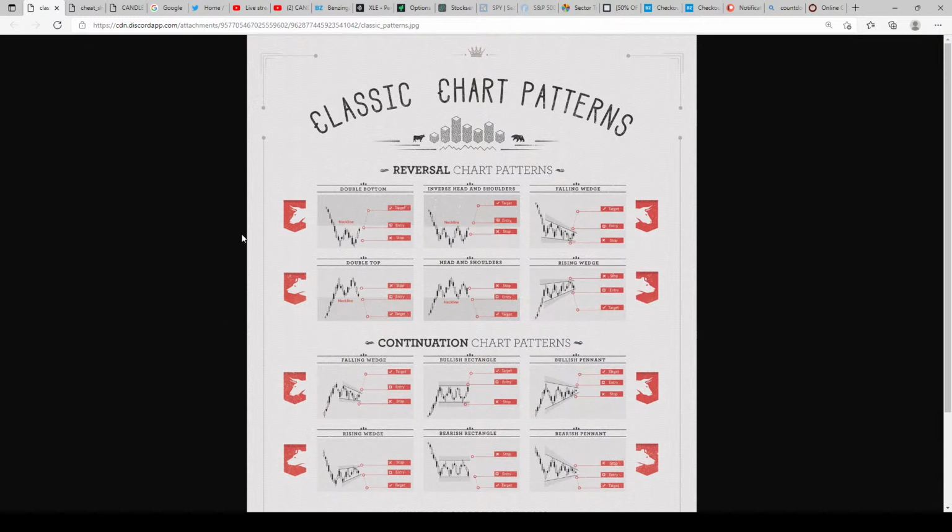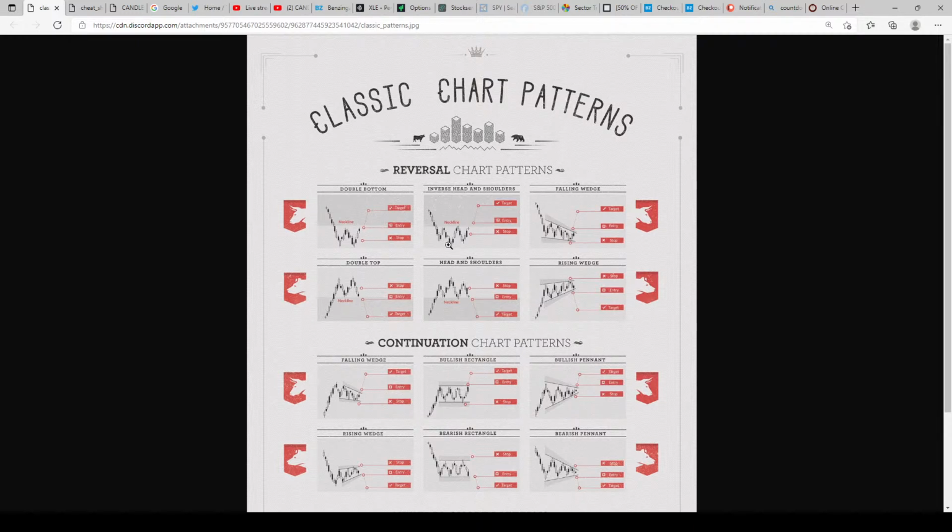And if you look at these first ones right here, you're going to see what we just talked about: double bottoms, double tops, head and shoulders, and how they look in a more flag type position. And you can see here that the double bottom are bullish. They tend to more break to the upside, along with double tops are more bearish. They tend to break to the downside. Head and shoulders are the same.